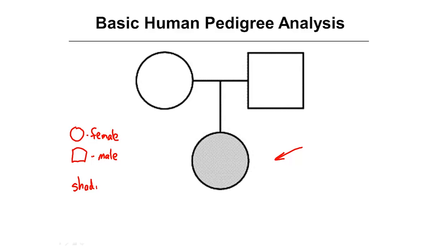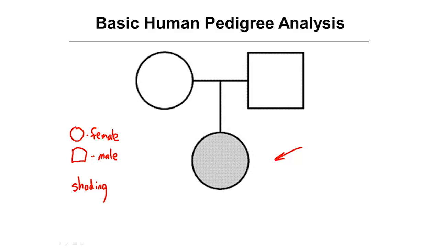Shading is often used for disease traits because we want to find out, for example, someone has cystic fibrosis. It's clearly a genetic disease because it runs in families. So if we want to start getting to the bottom of it, one of the fundamental things we need to know is whether it's inherited in a dominant or a recessive fashion.